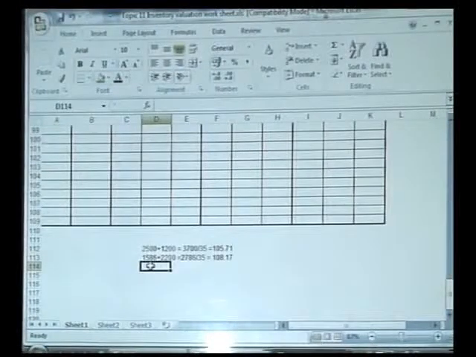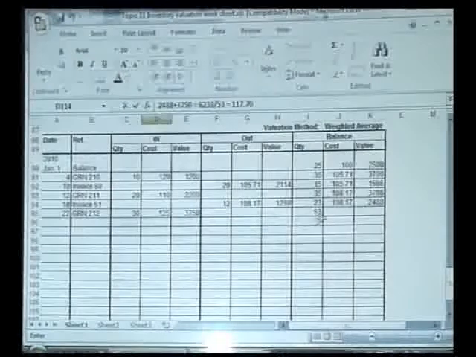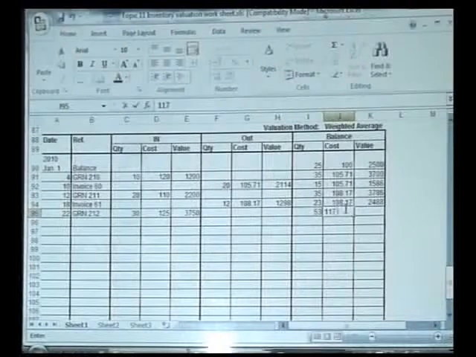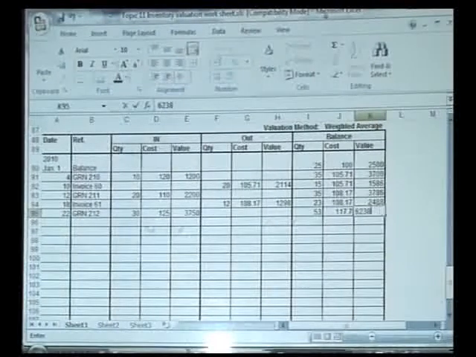How can we do it? 2488 plus 3750 equals 6238 and quantity 53. Therefore average cost is 117.70. 6238.